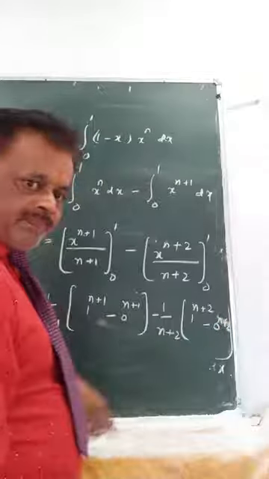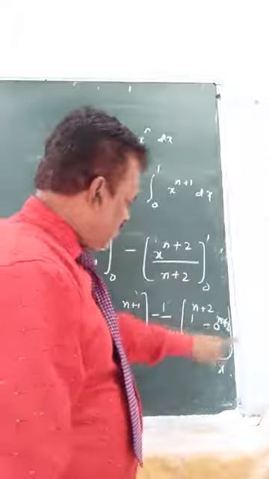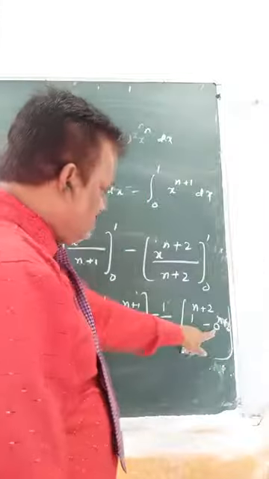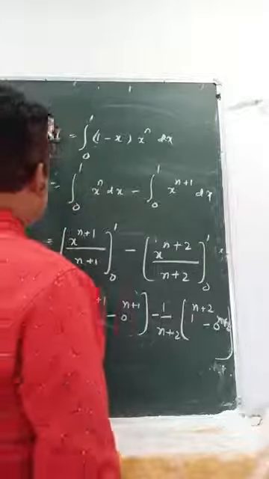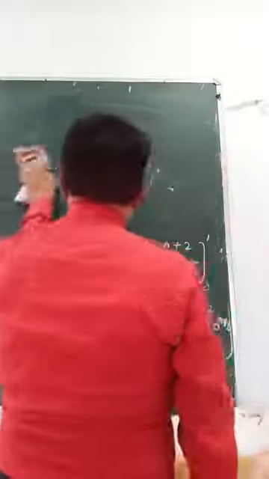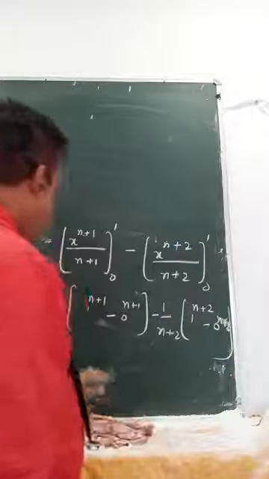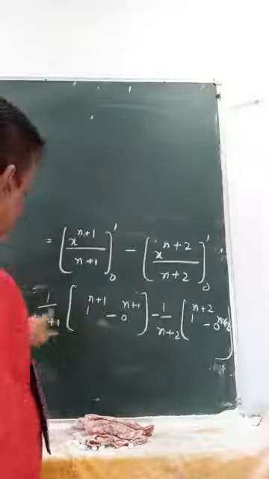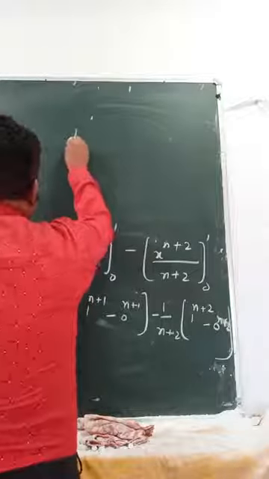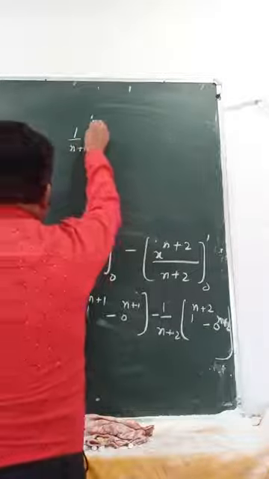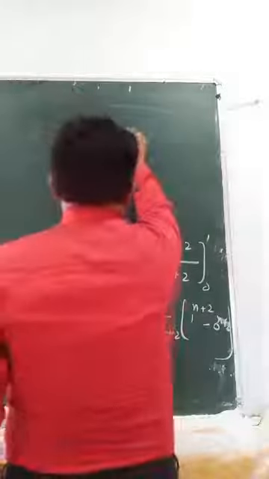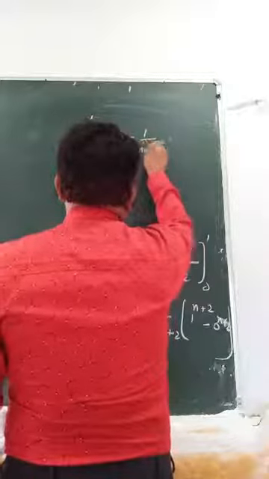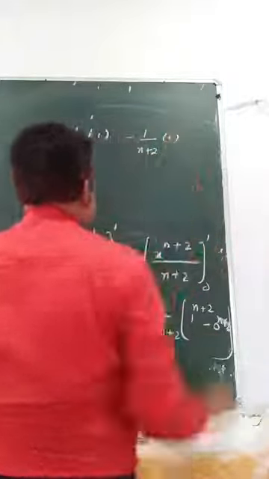Okay. Same thing you can understand here. 0 to any power is 0. This is 0. So left out is, look, 1 to any power is 1. So this will be 1 by n plus 1 into 1 minus 1 by n plus 2 into 1.